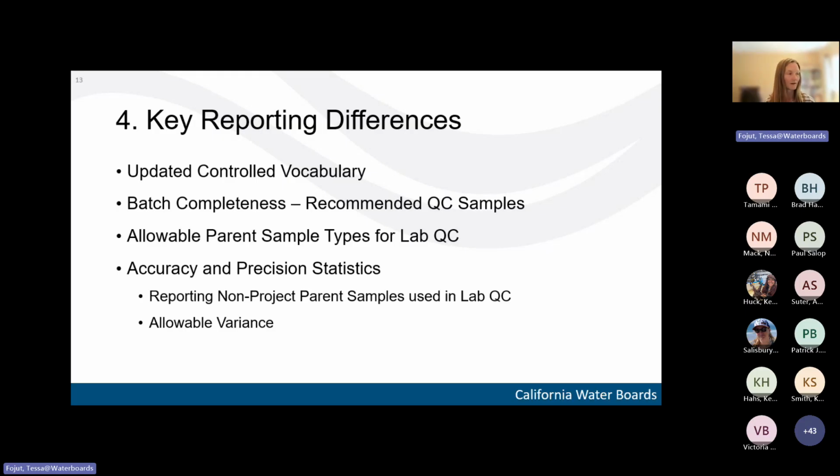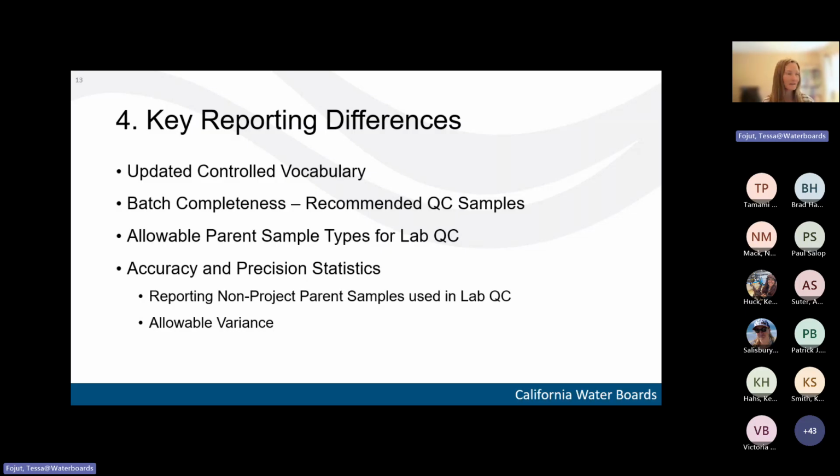And then also the allowable variance means that if you told us your RPD was 2.5, but based on the numbers you submitted the system calculates it as 4.6, that's going to give an error. So we've reached out to labs a little bit already to talk about using raw instrument values versus rounded reported result values.